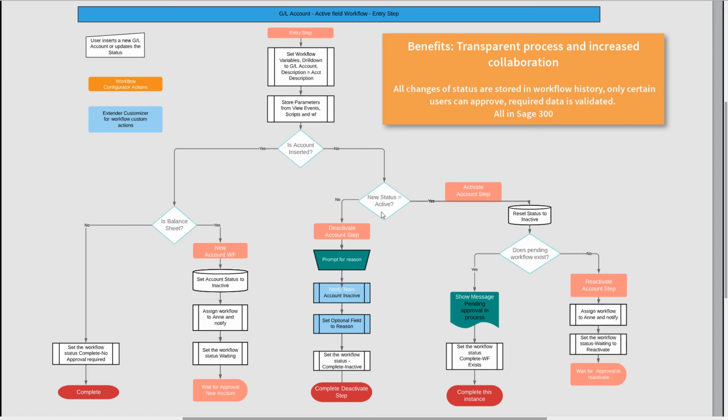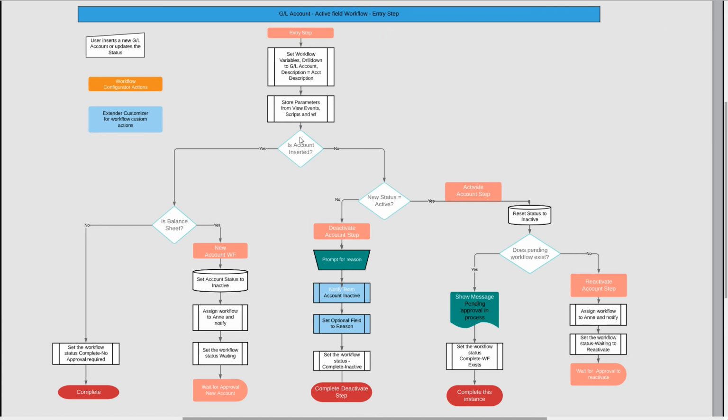Just a reminder as to what we've done in this presentation. We've started the workflow, done a branch if it's a new account that doesn't require approval, if it's a new account that requires approval, if it's an account that needs to be deactivated, or if it's a new account that needs to be activated.